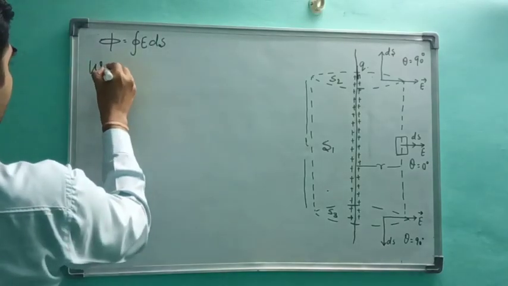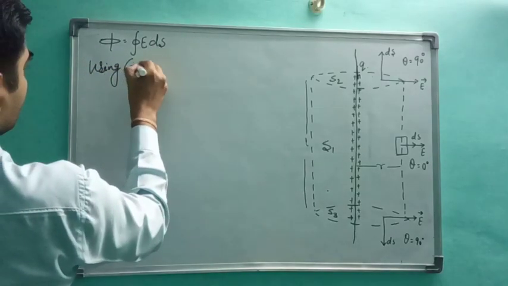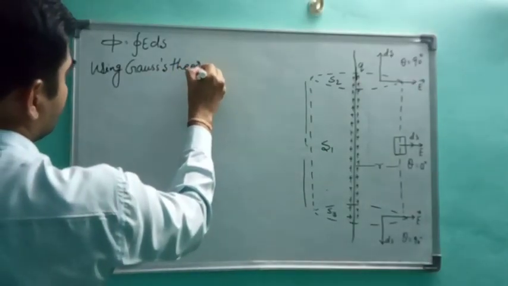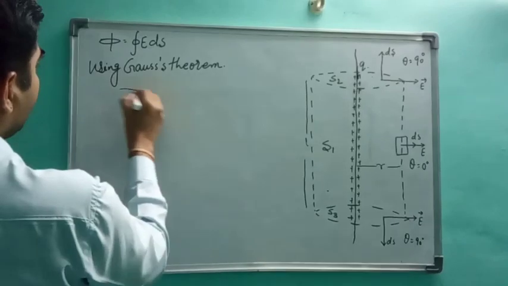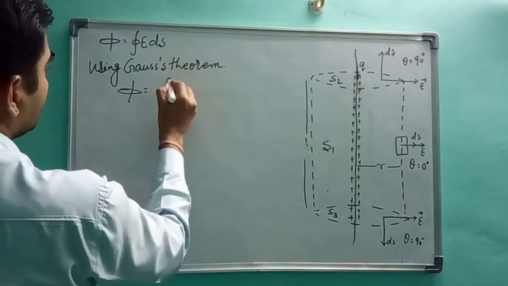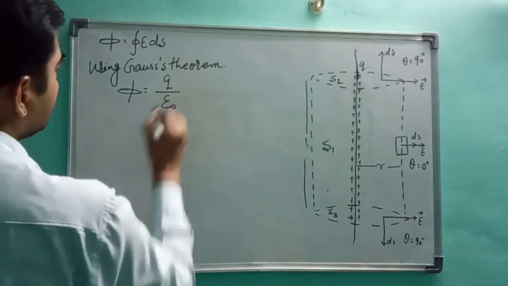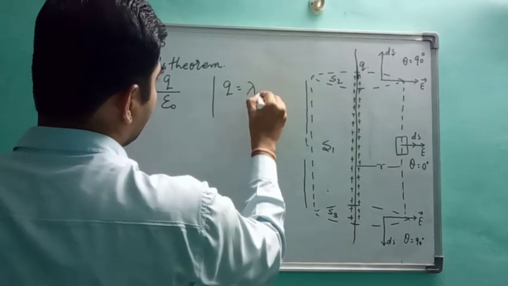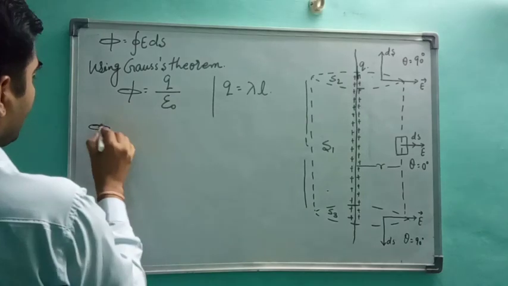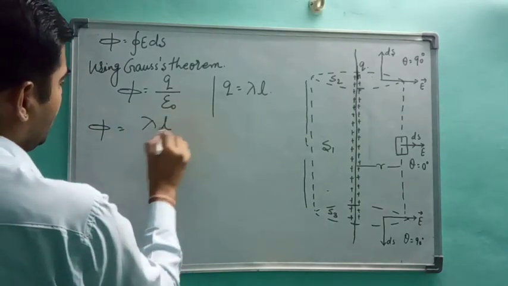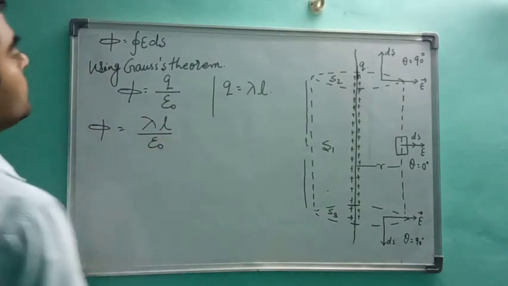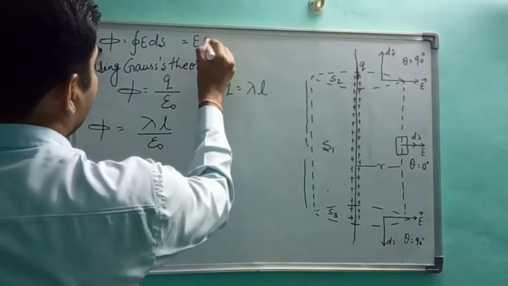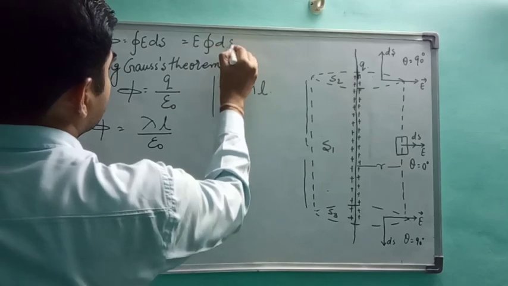Using Gauss theorem, phi is equal to Q upon epsilon naught, with Q replaced by lambda L. So phi is equal to lambda L upon epsilon naught. And here, taking E common, E times the integral of ds.